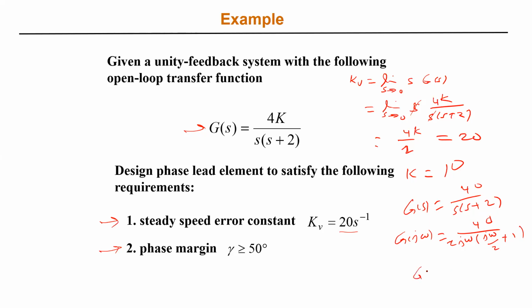So G(j omega) equals 20 over j omega times (j omega over 2 plus 1). And this is what I want to sketch.